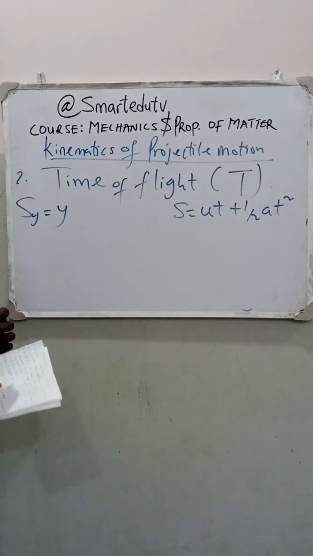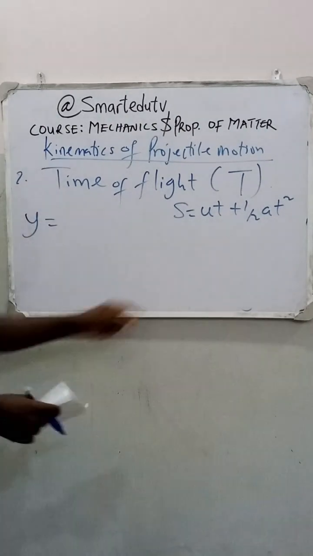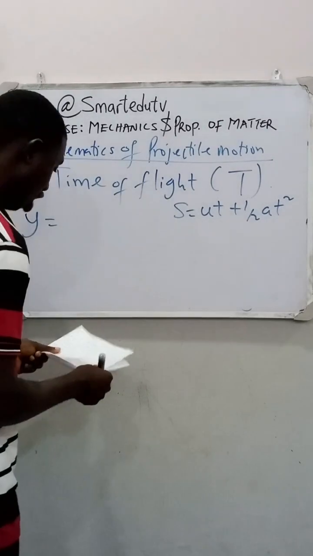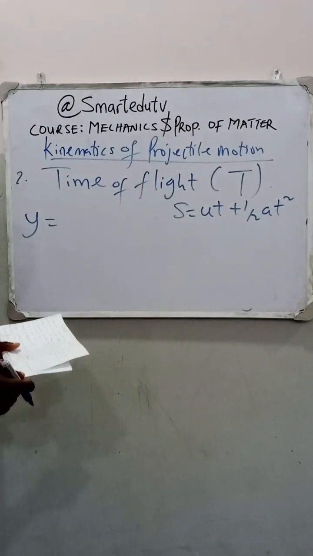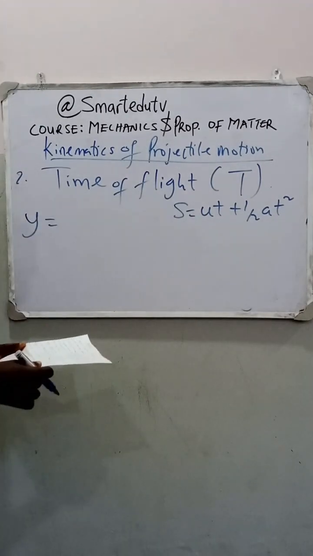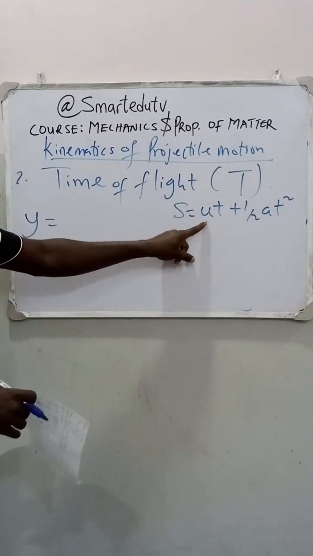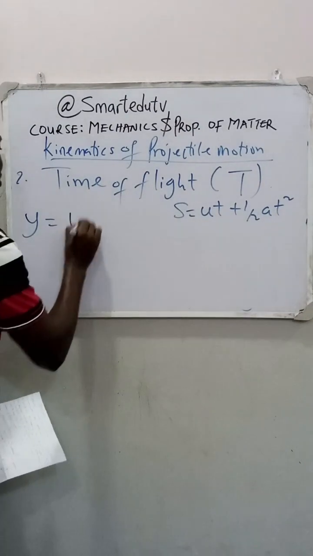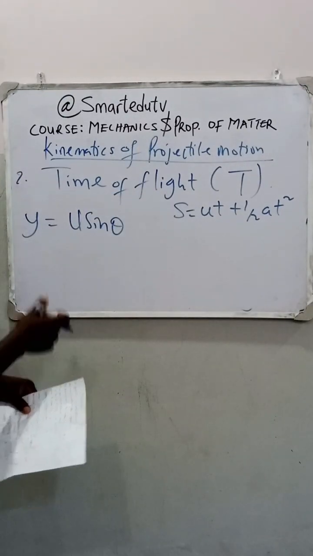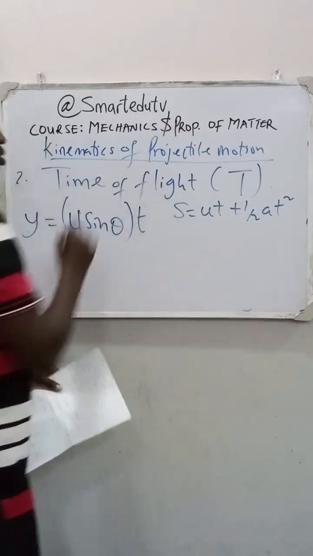Y, isn't it? So this can be written considering what happens along the horizontal axis and along the vertical axis. Here, our u becomes u sine theta along the y axis. U sine theta t.